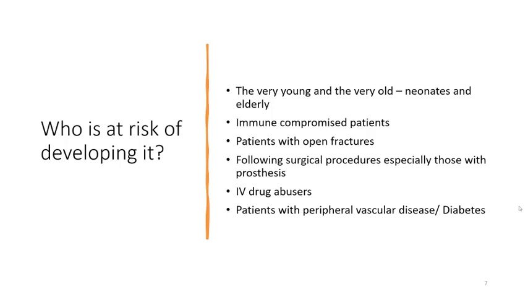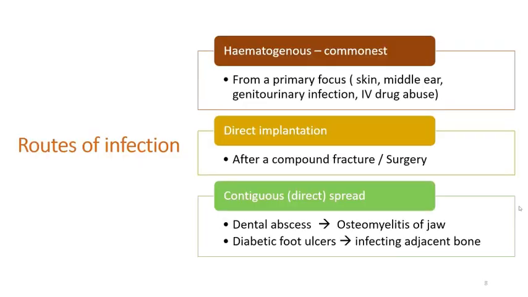And people who undergo surgical procedures, especially for prosthesis, have a high risk. IV drug users, and also patients who have peripheral vascular disease or diabetes, have a higher risk of acute osteomyelitis.